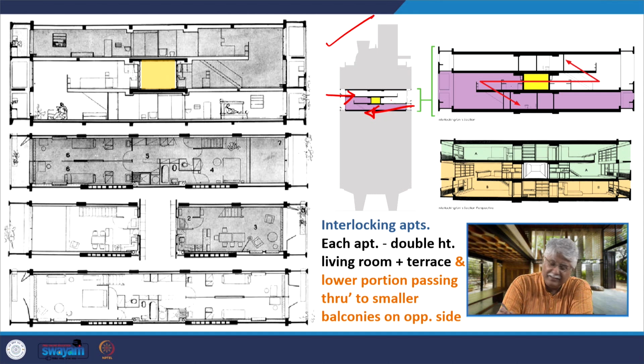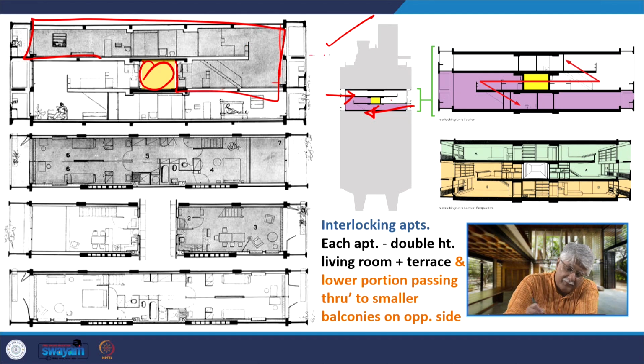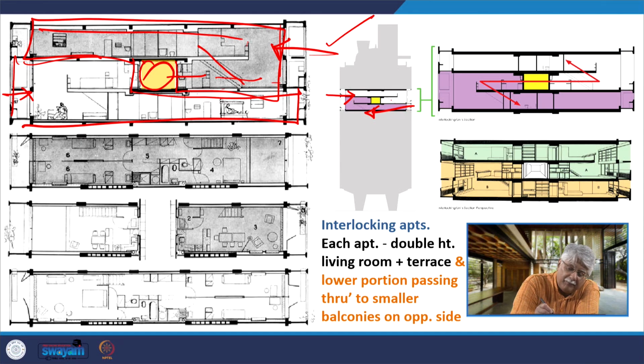You see, this is the corridor in between, and when you plug this one from this side and you plug the other one from the other side, so when you enter this apartment, you enter at this level, you climb up and go on the floor above, and while you stand here, this living room is double height, this is a mezzanine floor, you have this fantastic view outside.